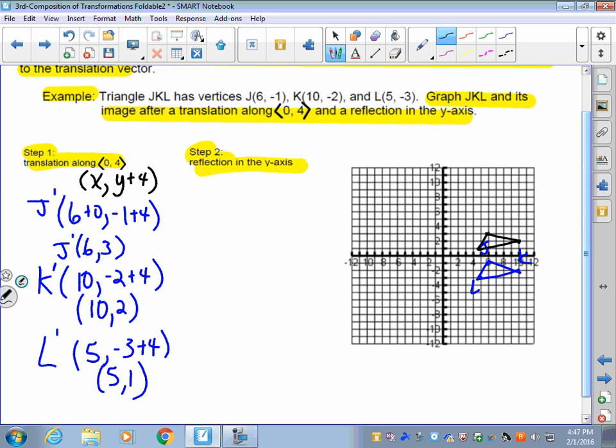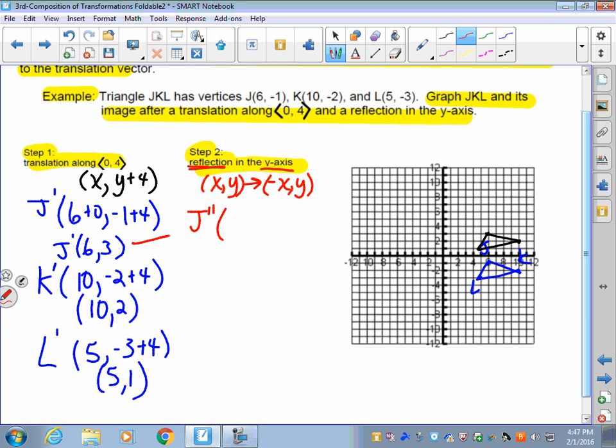All right, and then for the second part, they want us to reflect it over the y-axis. Okay, so reflection is the key word, over the y-axis. There's a rule that whenever we're dealing with a reflection over the y-axis, (x, y) goes to (negative x, y). So basically the x is changing, the y is staying. And we're going to do that to our prime coordinates. So J double prime, I'm going to use the rule on my J prime.